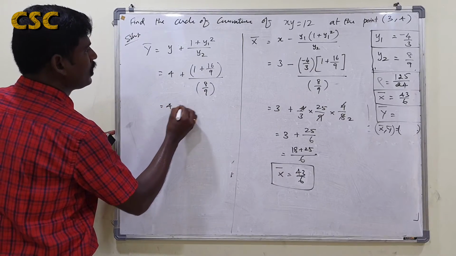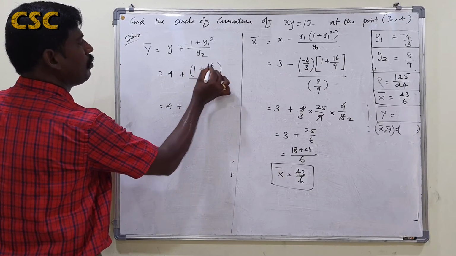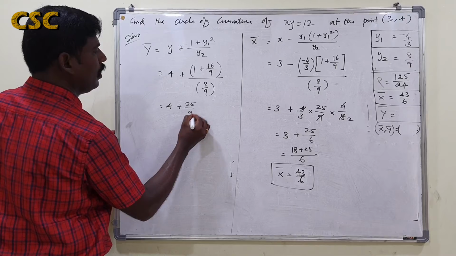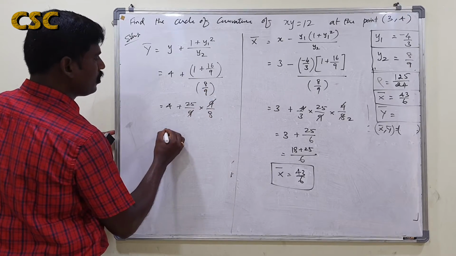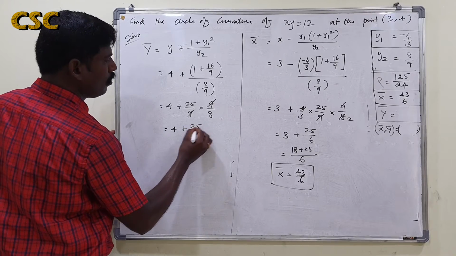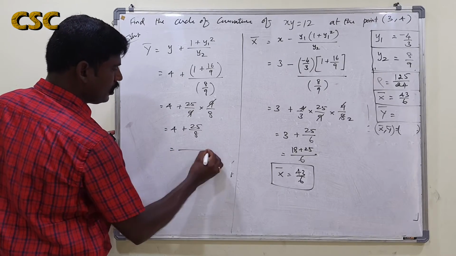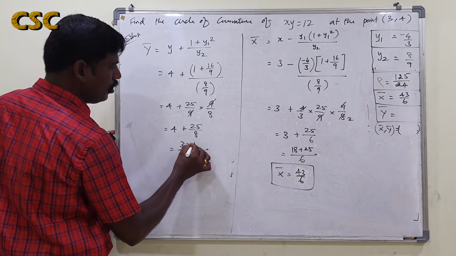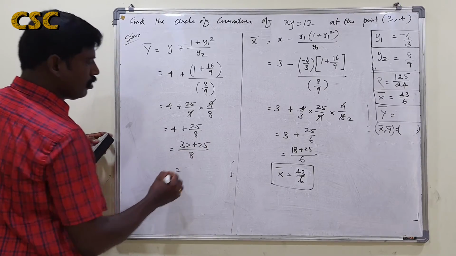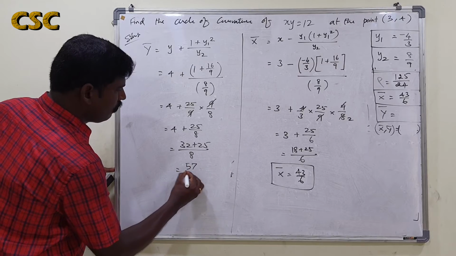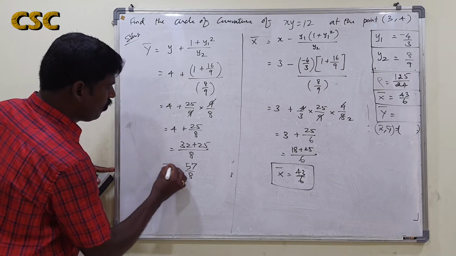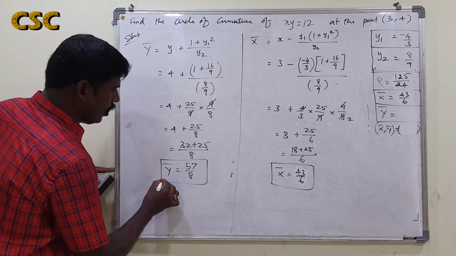So 4 plus, simplify this in the numerator, 9 plus 16, 25 by 9 into this becomes reciprocal multiplication, 9 by 8. So 9 cancel each other, 4 plus 25 by 8. So taking 8 as LCM, 32 plus 25. So how much is 32? 52, 57, isn't it? 57 by 8 is the value of y bar.